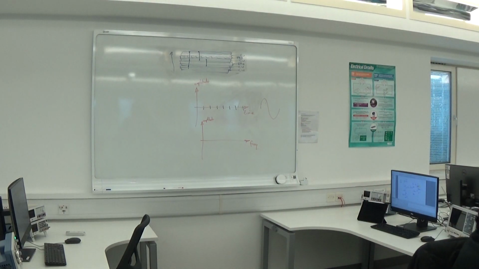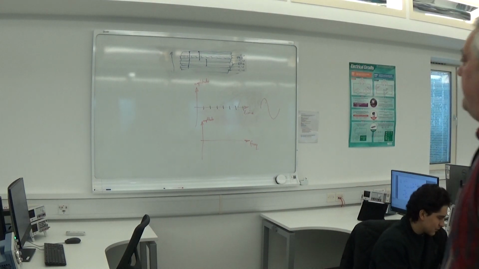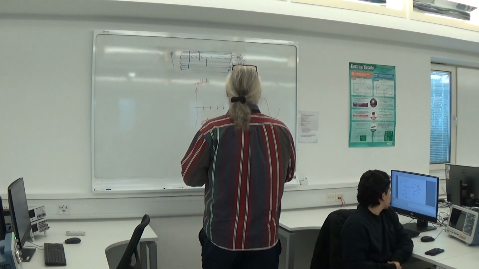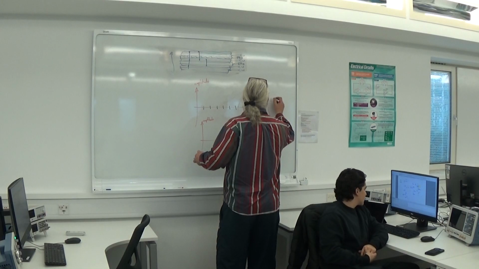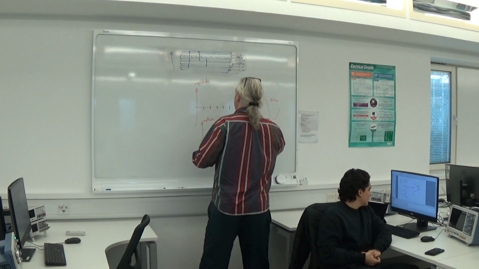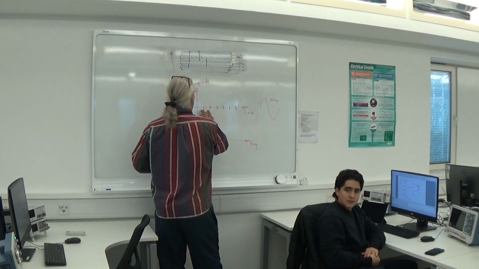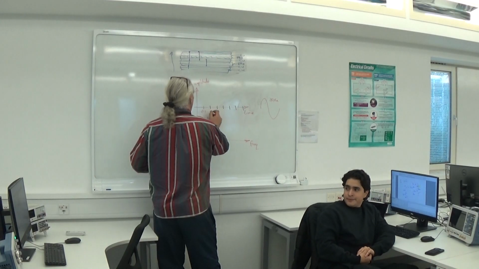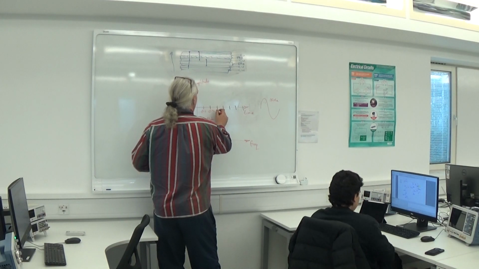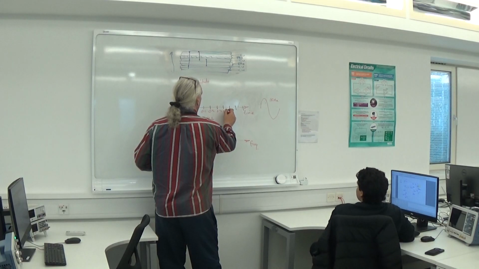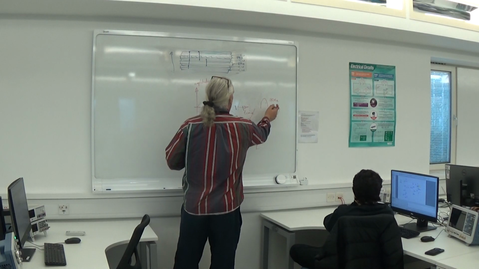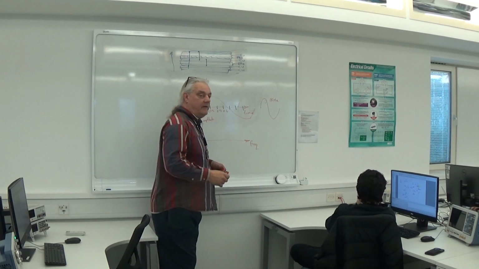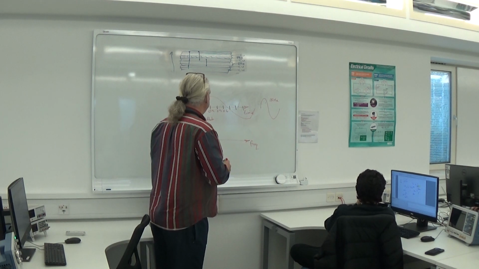So, say for example this is 1 kilohertz, and I set these and so on, I'm going to see that sine wave which is coming out of the signal generator.